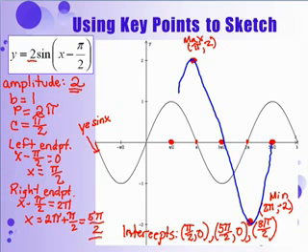So this is now one cycle, a little shaky, sorry about that, one cycle of sine. Now to complete it, from pi halves, we're going to go down again to -2. At negative pi halves, we're going to be crossing again.